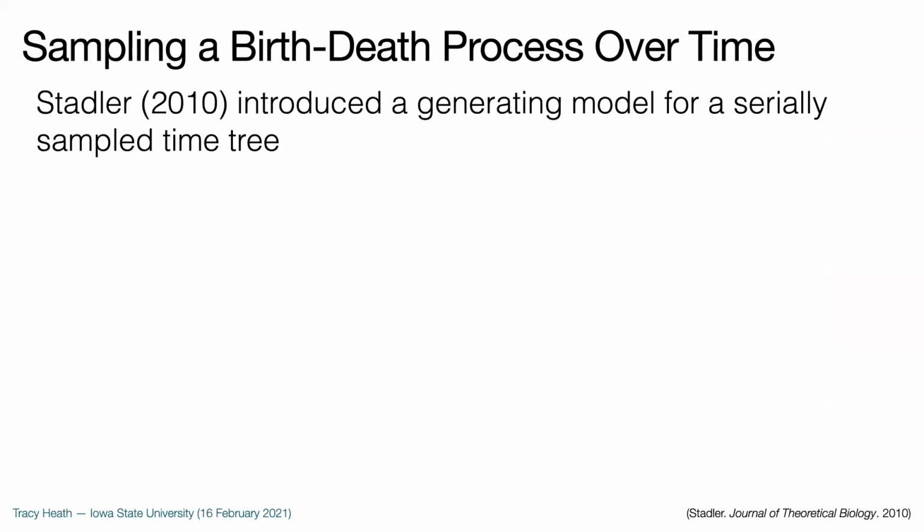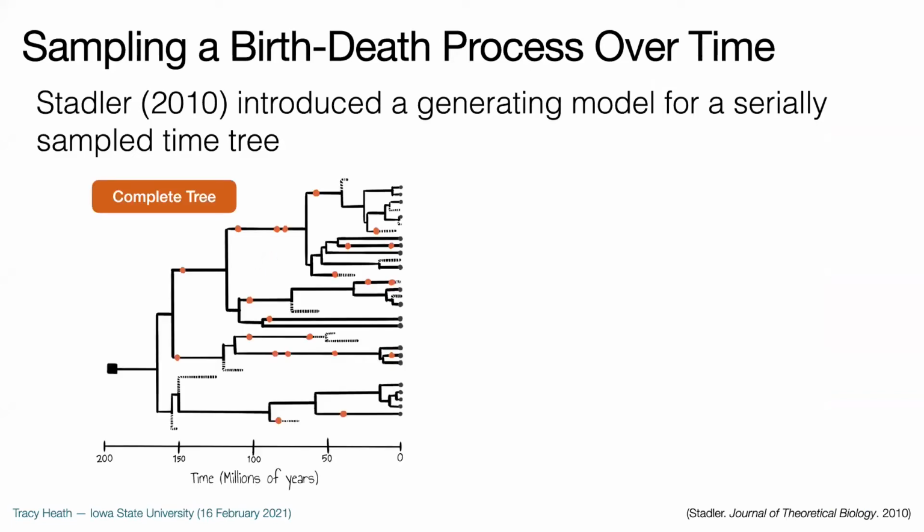So in 2010, Tanya Stadler had a paper where she introduced a serial sampled birth-death process that gives us a phylogeny where we have fossil timestamps on the tree over time. And so this model assumes that this process generates this tree with these historic time samples, and so that ultimately the process gives us this complete tree.